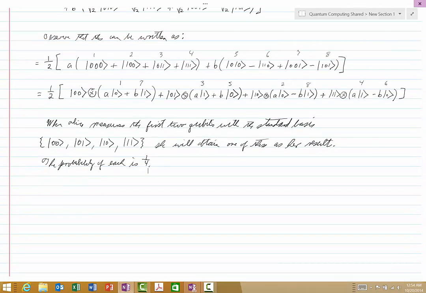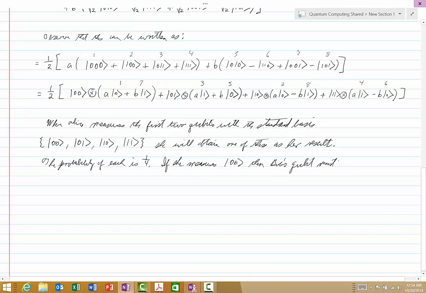Okay? If she measures 0,0, then Bob's qubit, remember Bob has only the last qubit, Alice had the first 2 qubits, Bob has the last one, must be A0 plus B1.